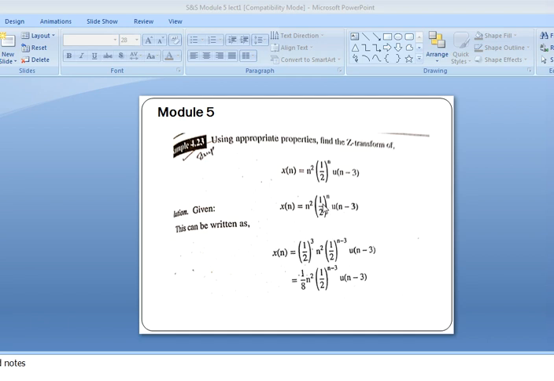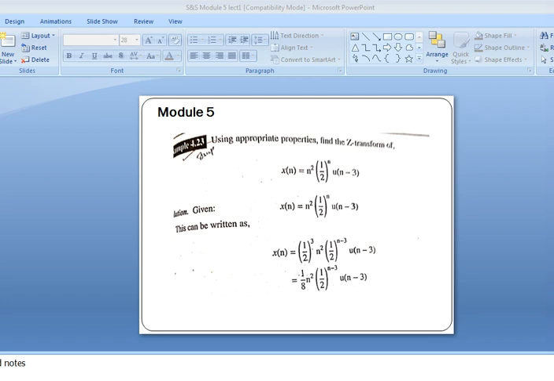So 1 by 2 raised to n is written as 1 by 2 raised to n minus 3, and 1 by 2 raised to 3 is taken outside. So we write n square, 1 by 2 raised to n minus 3 and u of n minus 3. The same can be written as 1 by 8 n square 1 by 2 raised to n minus 3 u of n minus 3.